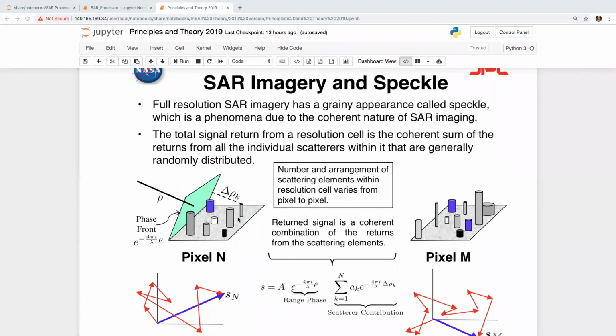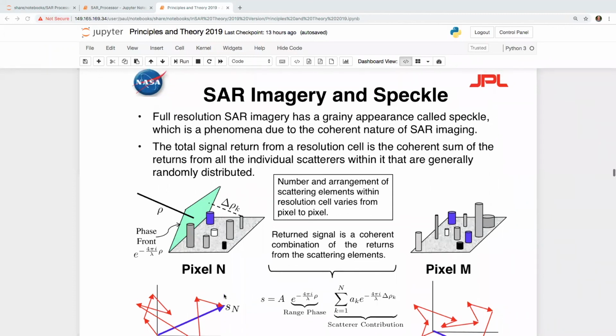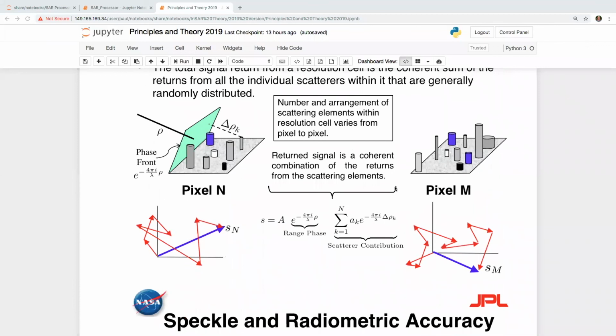If you sum up all those elemental scattering terms for this pixel, you get some complex phasor. The next pixel over, with a different arrangement of scatterers, gives some other phasor. That's an intrinsic property of this complex image.